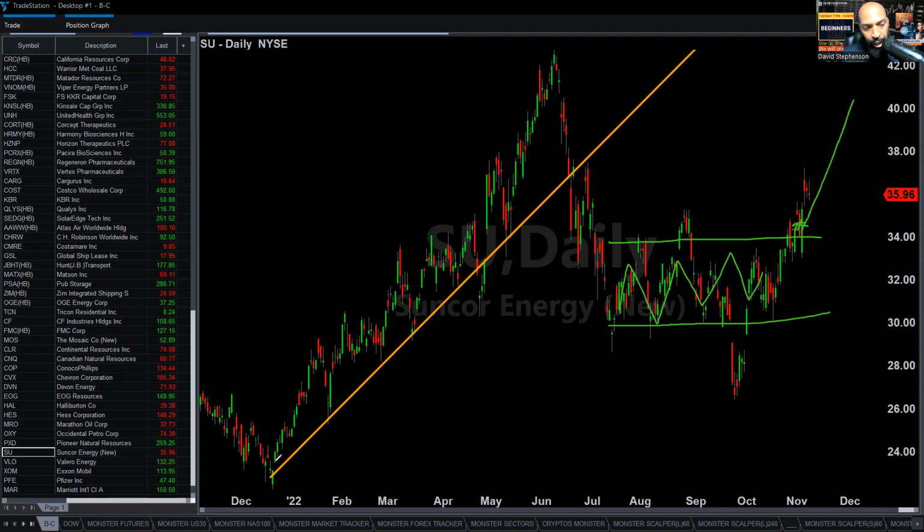If you look here, we use the moving average. The moving average will help, but these trend lines will work really well too. Notice here, it's holding that trend line, not breaking.